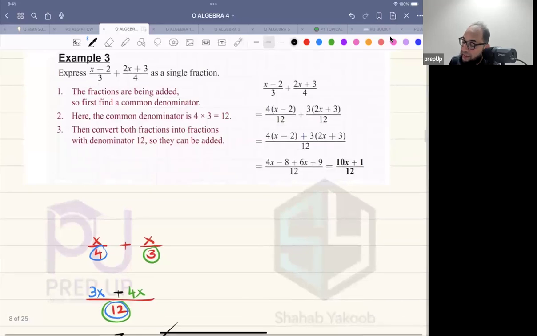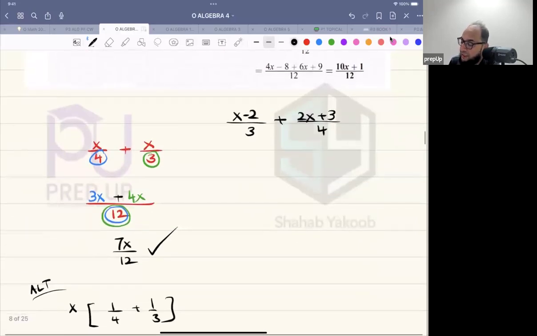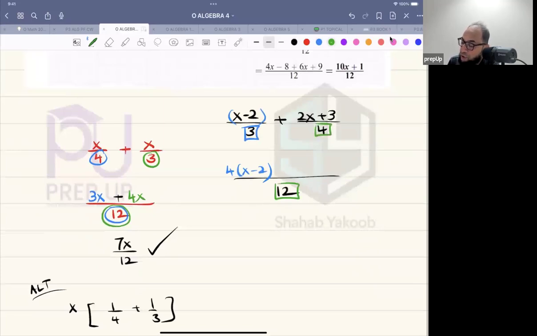Now when we look at this example, this is x minus 2 over 3, plus 2x plus 3 over 4. Again 3 and 4, the LCM is 12, so 12 divided by 3 is 4, 4 gets multiplied with x minus 2. Similarly, 12 divided by 4 is 3, so 3 gets multiplied with 2x plus 3, and a positive sign in the middle.